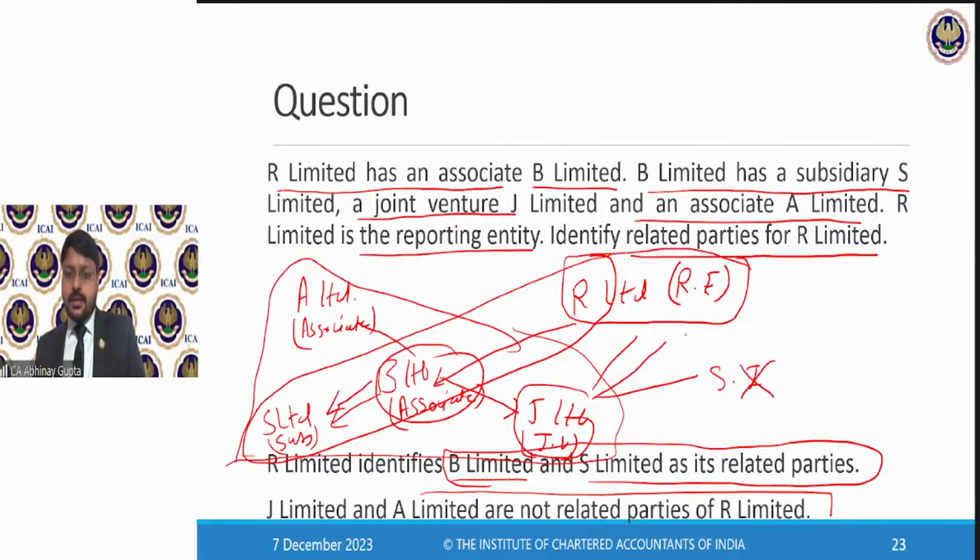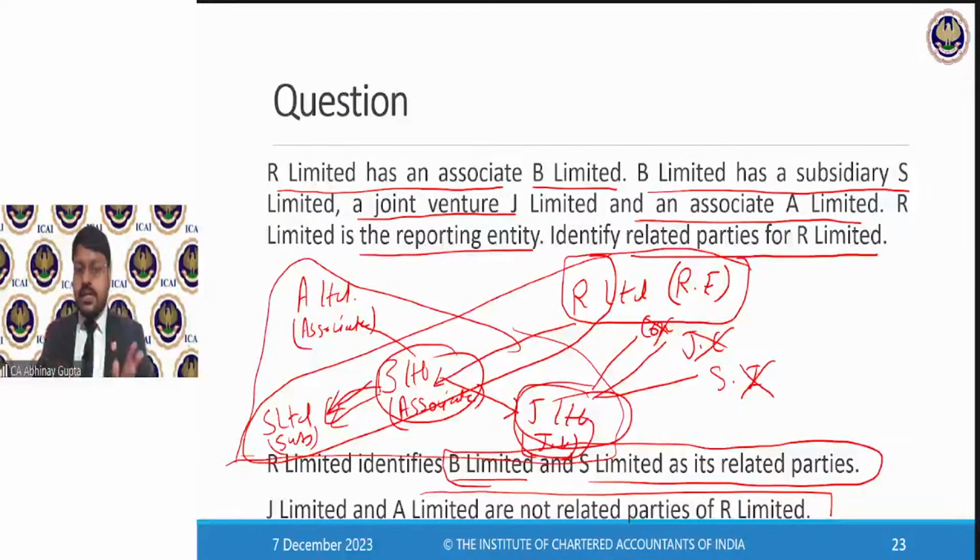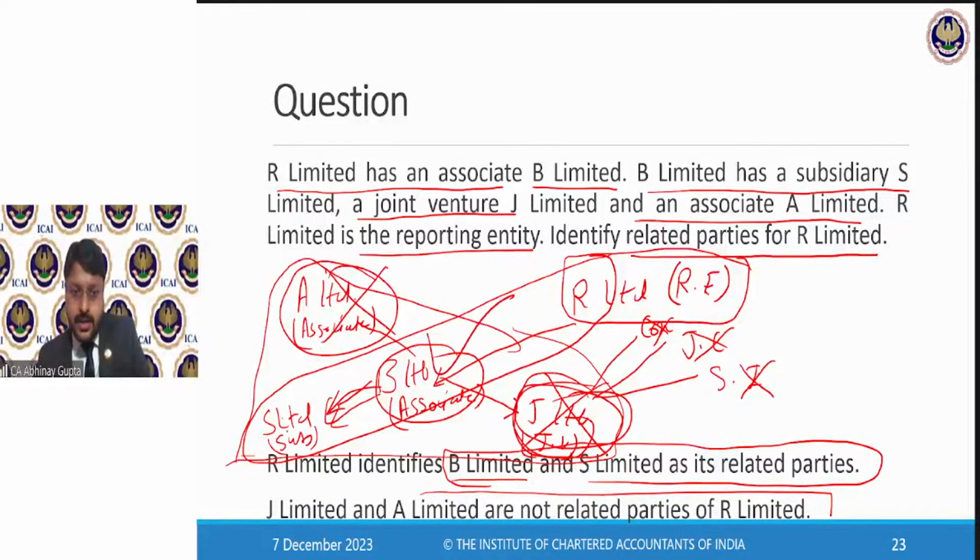So neither SI, nor joint control, nor control is there. So associate's JVs are not related, and the same goes for associate's associates. The associate is covered and the associate's subsidiary is covered.